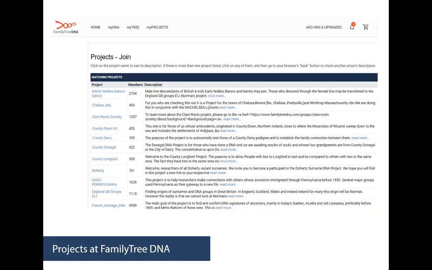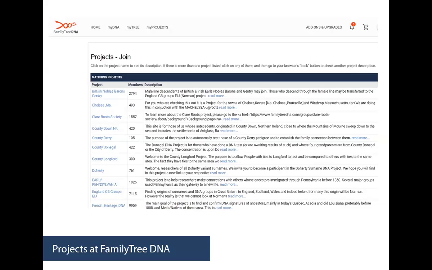Family Tree DNA has projects that you can join. They are projects that are based on the regions of where your family was living. So it could be down to specific countries, counties, regions as well. It also is based on different surnames. So since my maiden name is Doherty, this is actually suggested groups based on my father's last name being Doherty, and saying where other Dohertys were joining from.